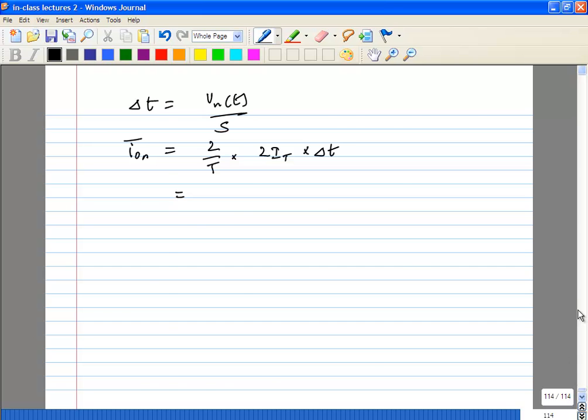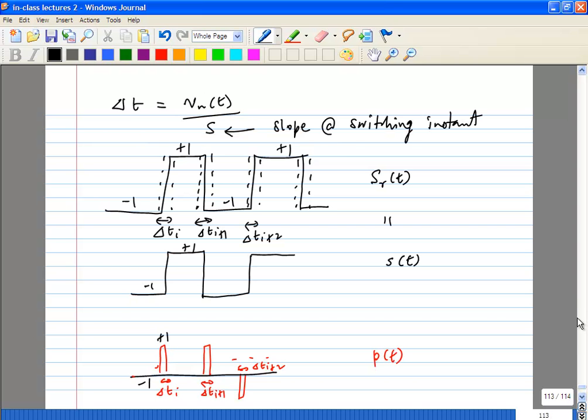One more thing to remember is that the pulse rate of the pulse train is actually 2FLO. If the input has a frequency, at every zero crossing you are going to get a noise pulse.